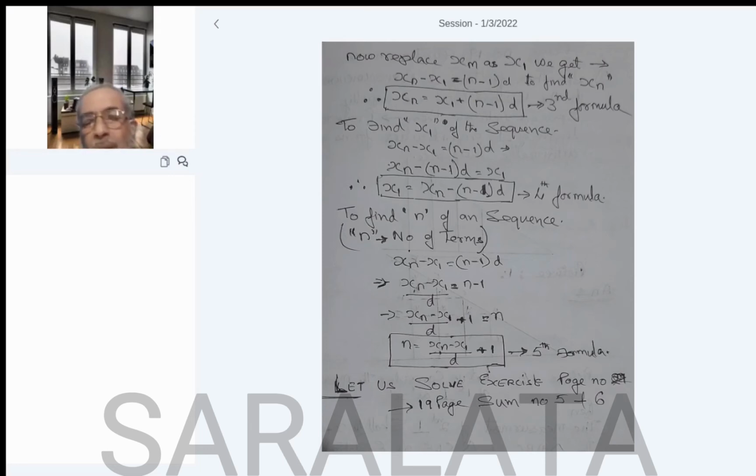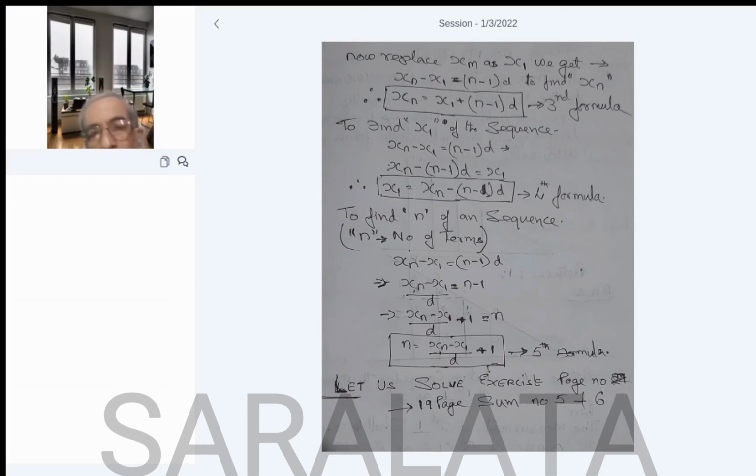Here, n minus 1 was multiplied by d, and that d I brought down to my left side. So it becomes (xn minus x1) divided by d is equal to n minus 1. Now what I need to do is remove that minus 1 from the n and bring it to the left and put the n to the right so that I get the value of n.